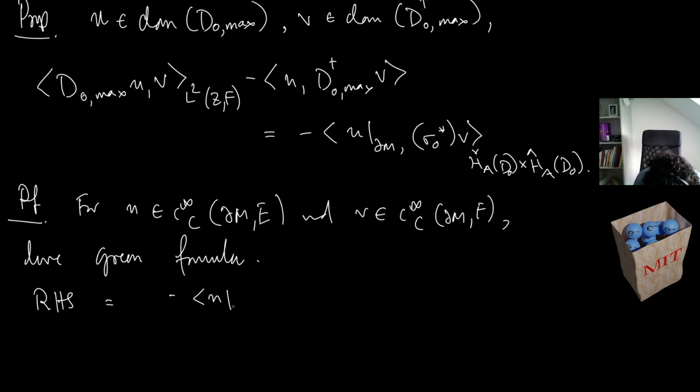Okay, sorry, there's a restriction here. Sigma naught star v restricted to the boundary M, L2, of E.